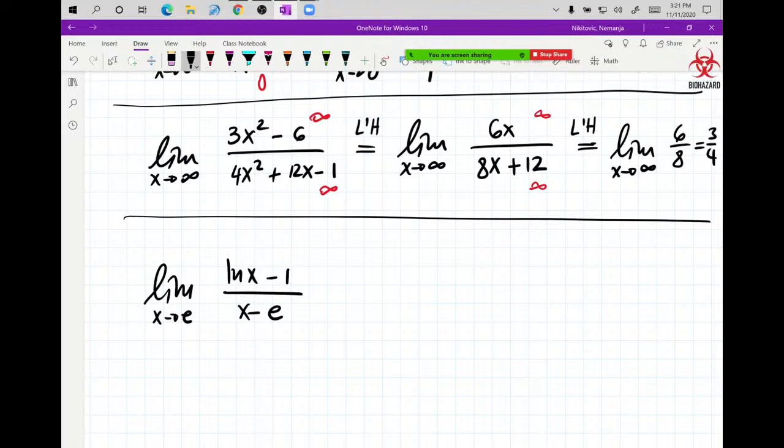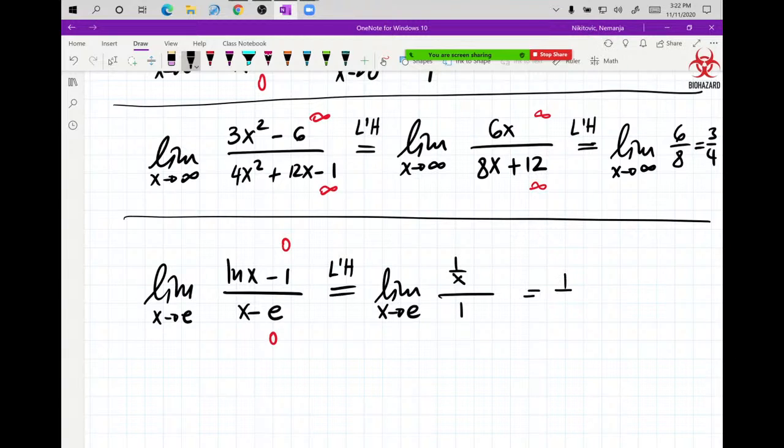When you plug in e, ln of e is 1, so you're getting 0 on top. When you plug in e for the x in the denominator, e minus e is 0. So it's 0 over 0, which means that you can take L'Hopital. Okay, so now when I take the derivatives, the derivative of ln x is 1 over x, and the derivative in the denominator is 1.